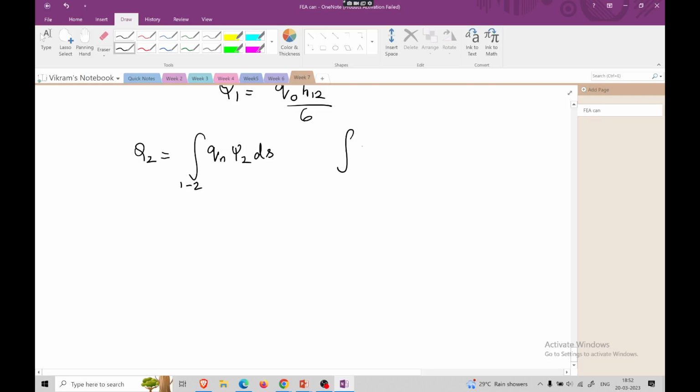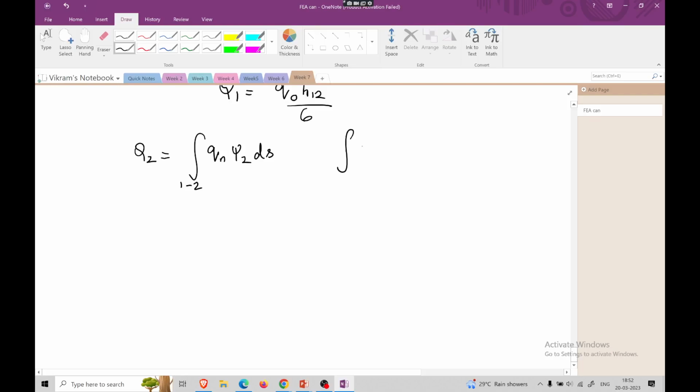My psi 2 was s by a; in this case it is s1 by a, and ds is ds1, so here also I will substitute ds1. My a is again equal to h12.